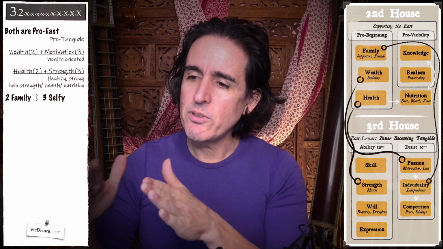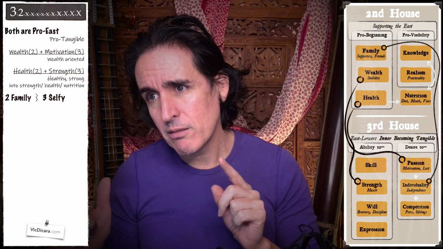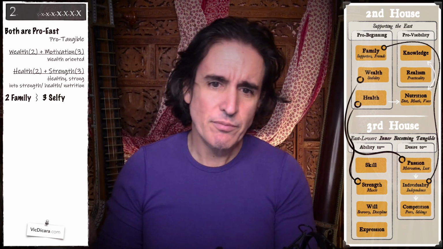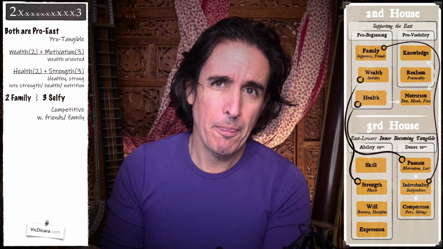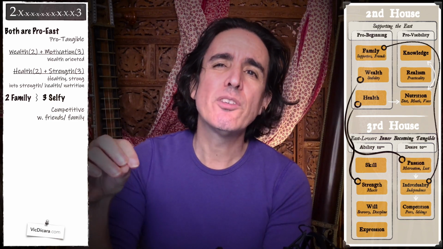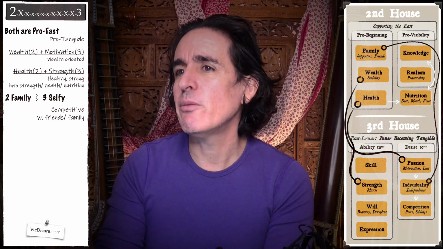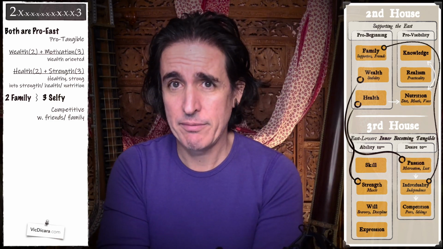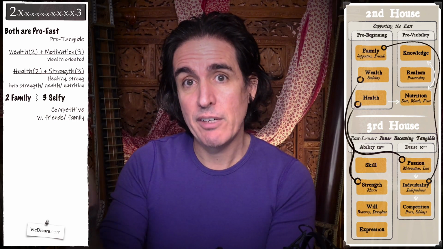So there's a clash between self and group. So what you expect when this happens in a chart, it indicates people who have competitive natures that will be noticeable or disruptive to them, because they tend to compete with people they ought not to compete with. They tend to compete with, for example, family and friends.